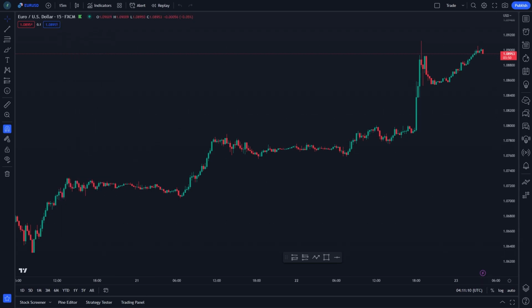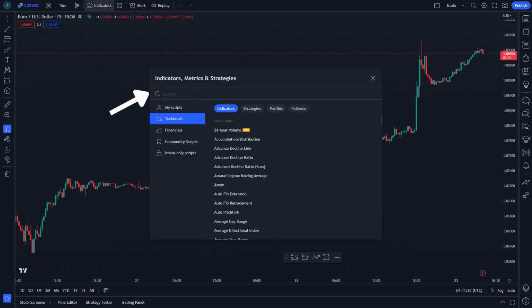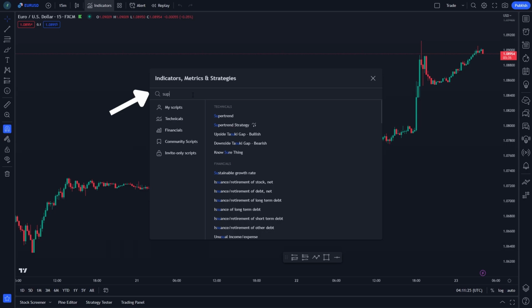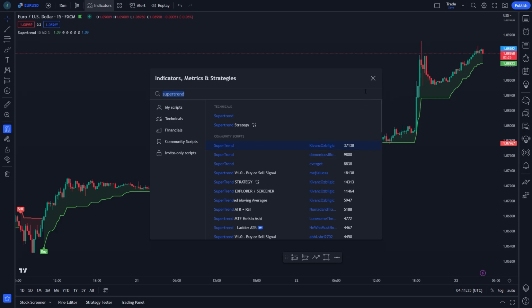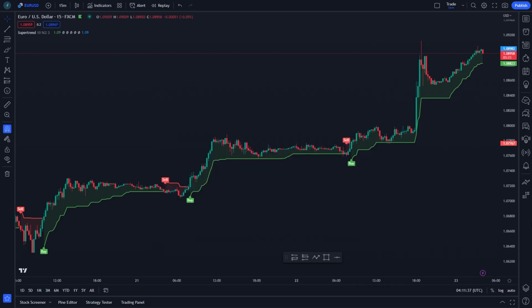You can go to the indicator menu at the top. Search Supertrend by Kaiken Osbuljic and click on it. Please follow my settings on this indicator.